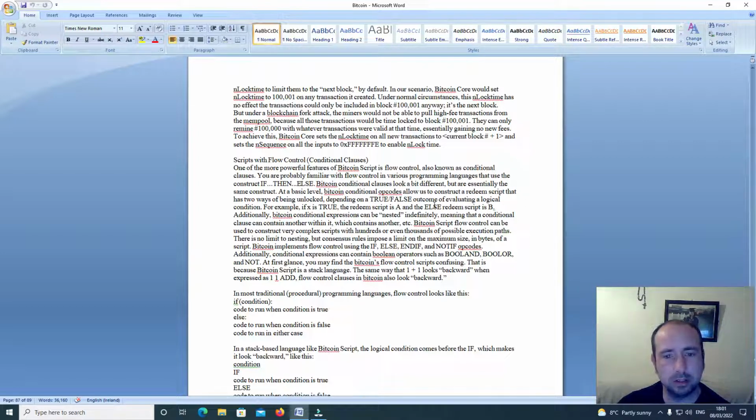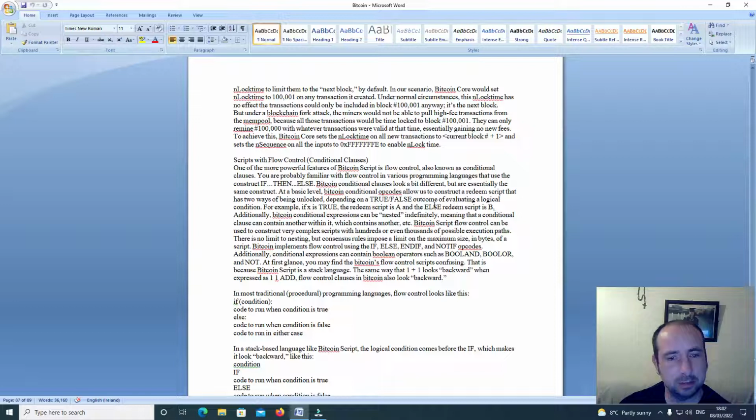But under a blockchain fork attack, the miners would not be able to pull high fee transactions from the mempool because all those transactions would be time-locked to block 100,001. They can only remine block 100,000 with whatever transactions were valid at the time, essentially gaining no new fees.